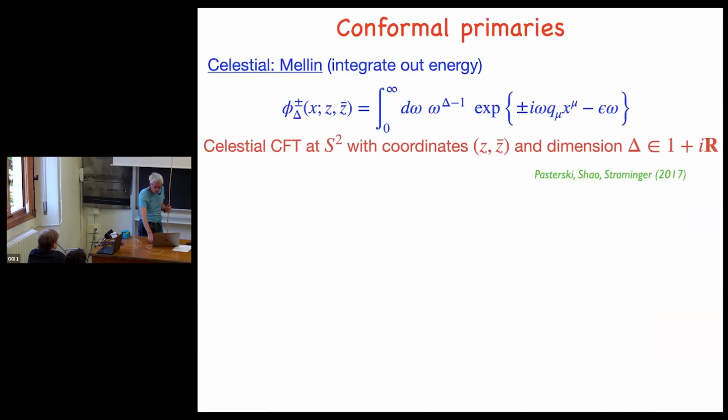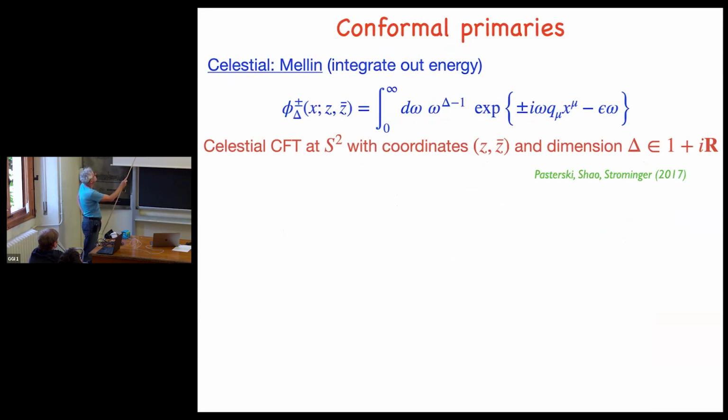So these are the two spaces, celestial versus Carrollian. I've already mentioned a couple of times that we have a conformal field theory behind this. So what are the conformal fields, or the conformal primaries? On the celestial sphere, you take a plane wave and express the momentum p in terms of the coordinates I showed you before.